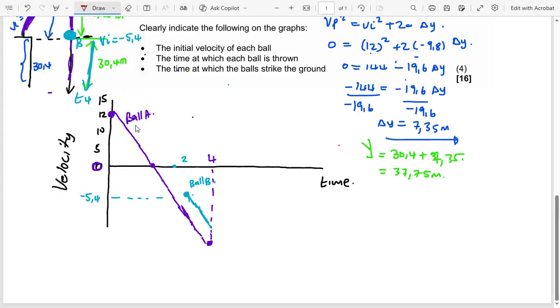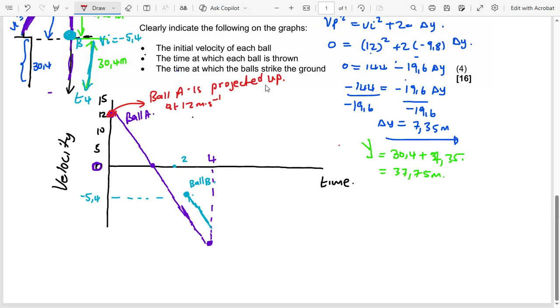Now, you see this point here. This is the point where ball A is projected upward. So ball A, we're going to say, is projected up at 12 meters per second. Right.